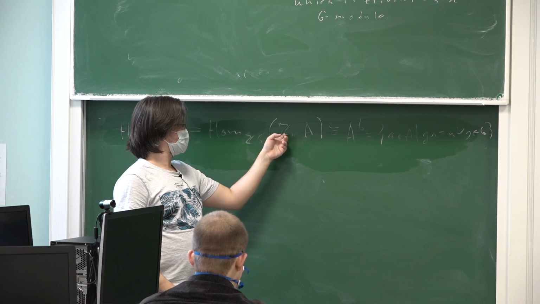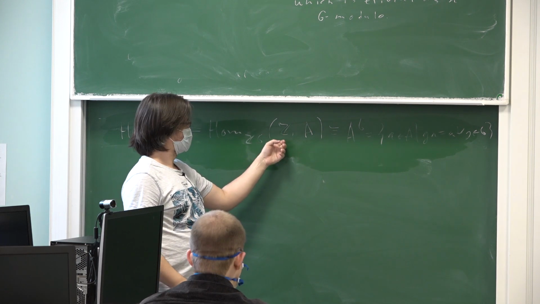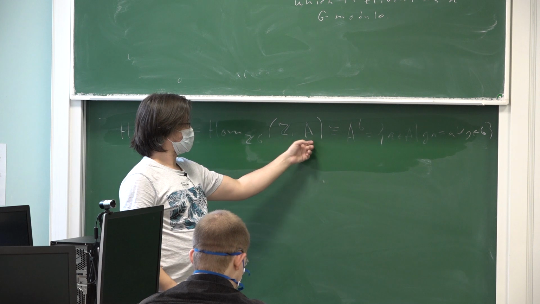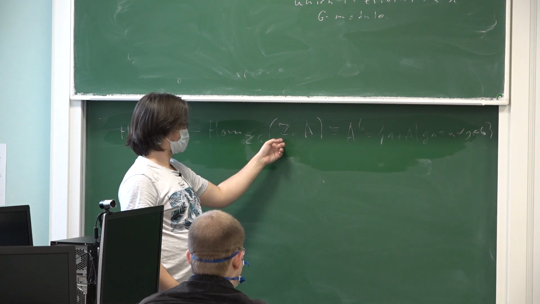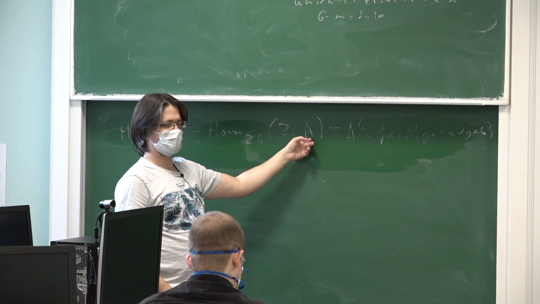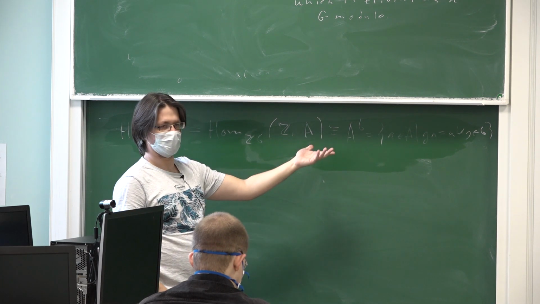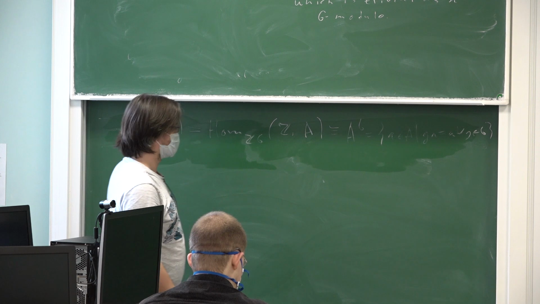But the G-module structure on Z is that g times 1 is equal to 1. So 1 has to go to some a such that ga equals a for any g in G.